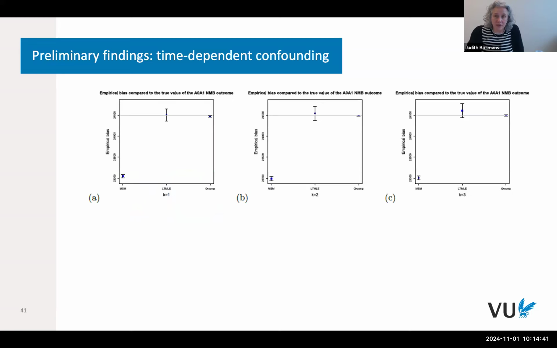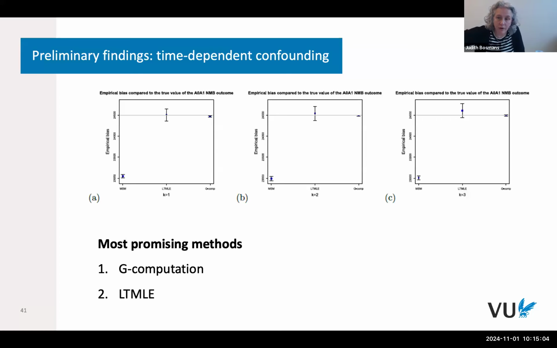So in the second simulation study that Anita did, she used the same simulation setup. So she used again the mental health care data to simulate data and a real world data set. And what you see here is that again, the TMLE performed rather well if you look at the bias that exists in the outcomes.